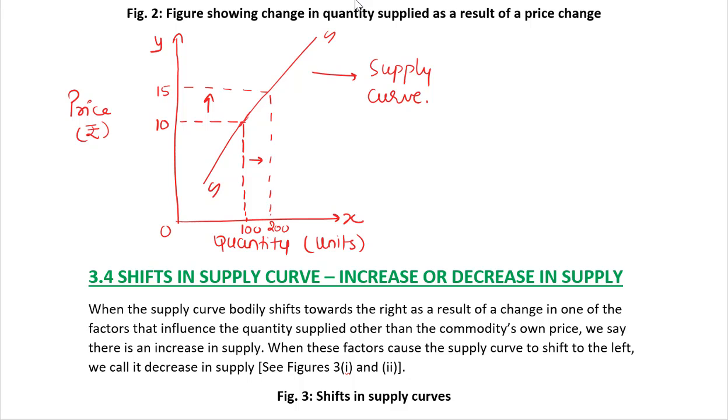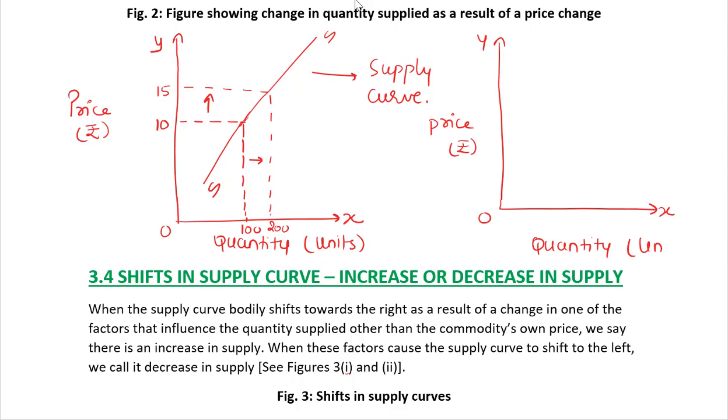Now we will see decrease in quantity supplied. X, origin, Y. Over here we are plotting price on the y-axis. On the x-axis we are plotting quantity, that is in units. At a price of 15, we are supplying 200 units.